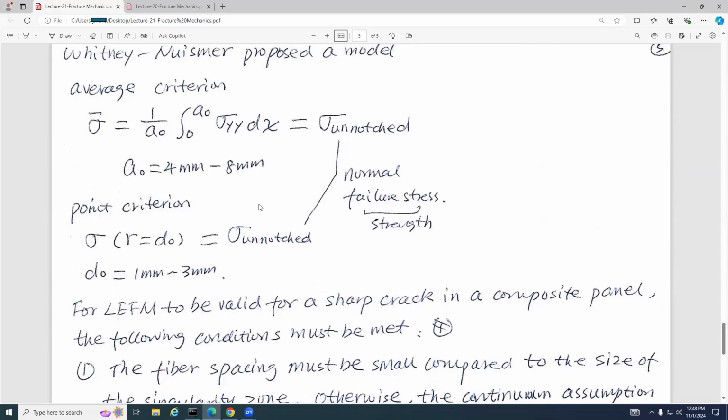Composites are difficult to handle because different research teams build different composites, and you need to be very careful. All right?